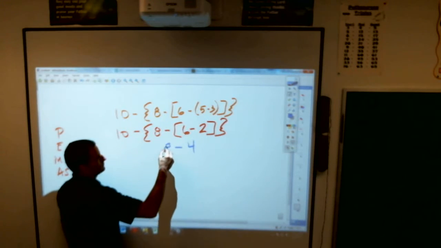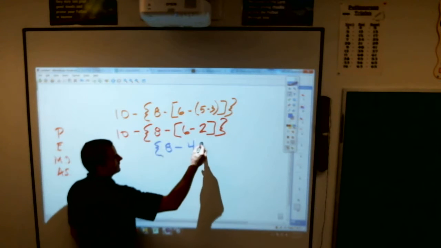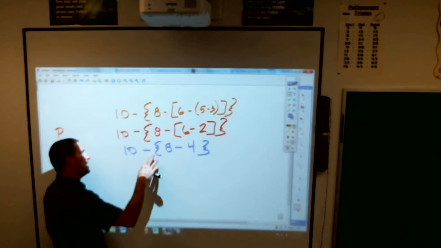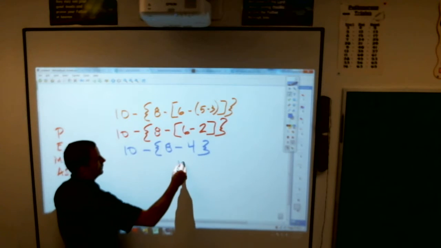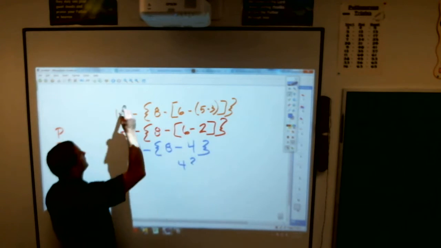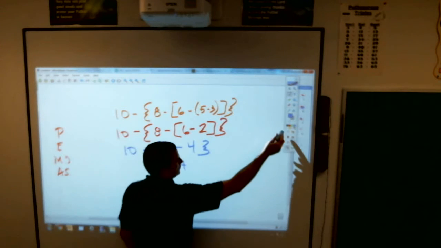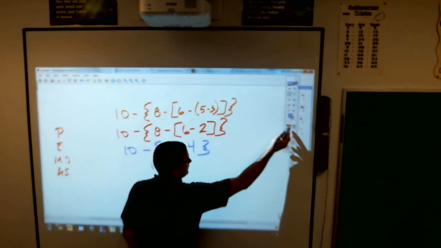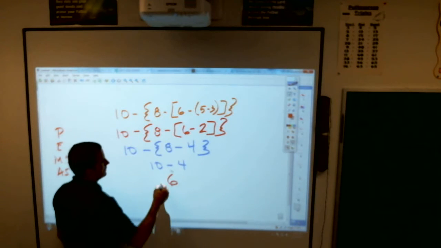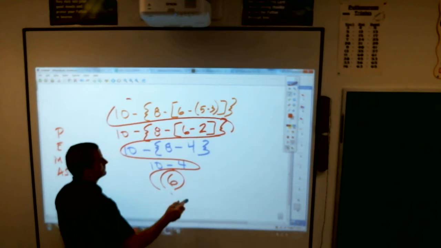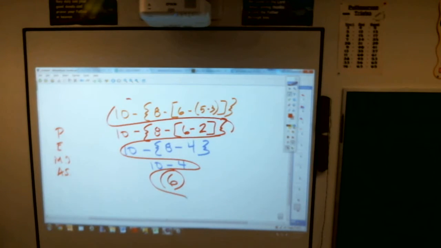You got rid of your brackets and you're up to this. And now you do 8 minus 4, which is 4. Well, I guess I don't have those braces anymore. And then it is 10 minus 4, which is 6. But again, it's that little swirly, sort of cyclonic sort of thing there.